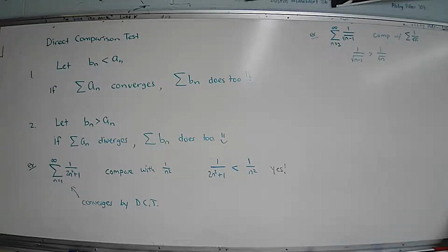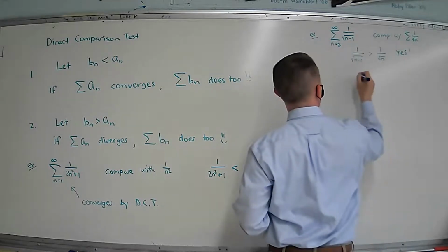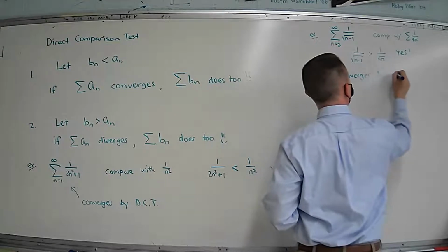Is 1 over the square root of n minus 1 bigger than 1 over radical n? It is, because the denominator is actually smaller. Okay? So, yes. So this guy diverges by the DCT.